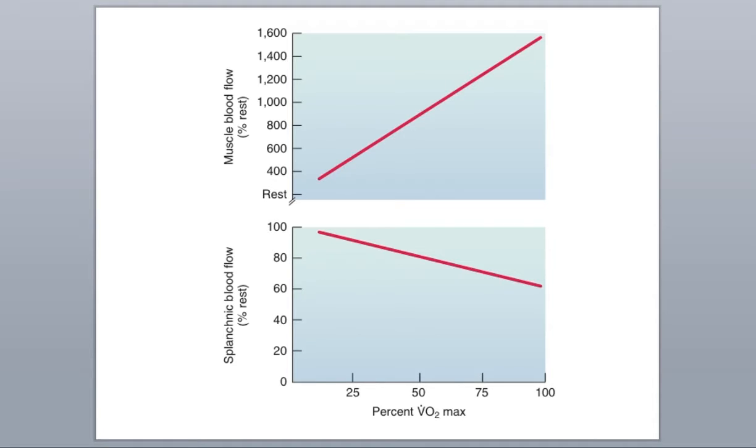If we look at differences here, this is a fairly simple figure. If we have the percentage of VO2 basically increasing exercise intensity, the amount of blood flow going to the muscles is greatly increased from rest to exercise, and also during increasing exercise intensities, and it's going to be dropping in the splanchnic region.